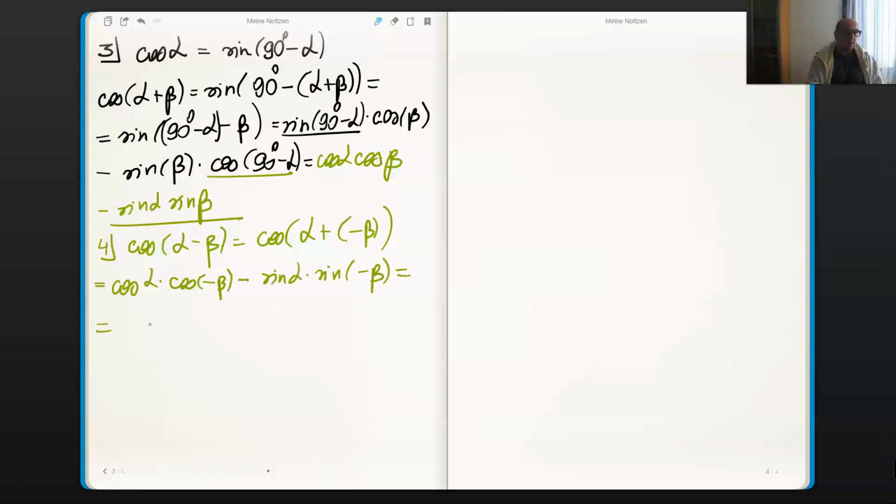Now once again, cosine is even, so the minus is gone. We get cosine alpha cosine beta. Sine is odd, so we're kicking it out, and since we have one minus already in front, it's becoming plus. So plus sine alpha and sine beta. As you can see, everything is proved.